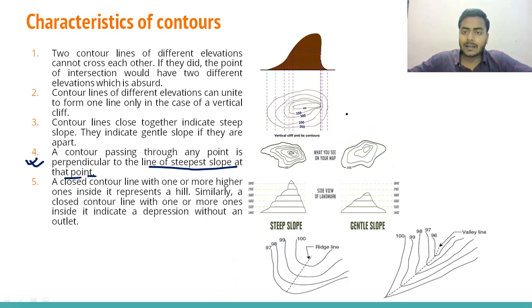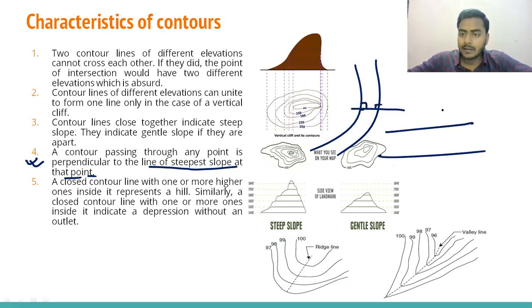Because we know that here are two contour lines, and the shortest distance between two contour lines will be perpendicular. If we are going to calculate the shortest distance between two lines, we can see this will be the perpendicular. So that will be the perpendicular.